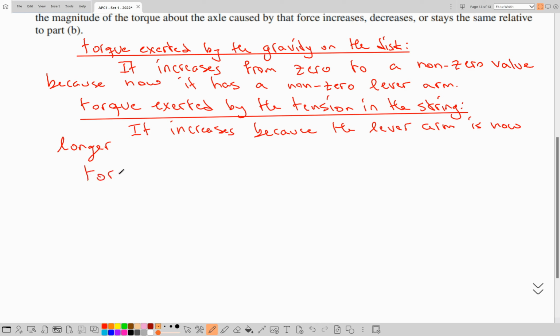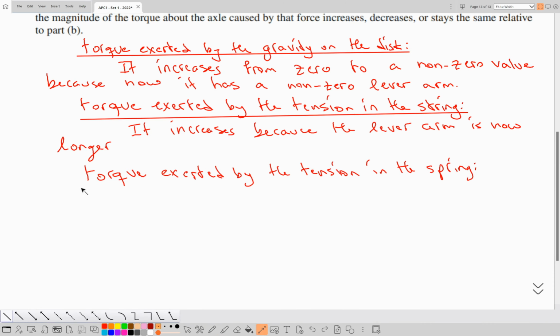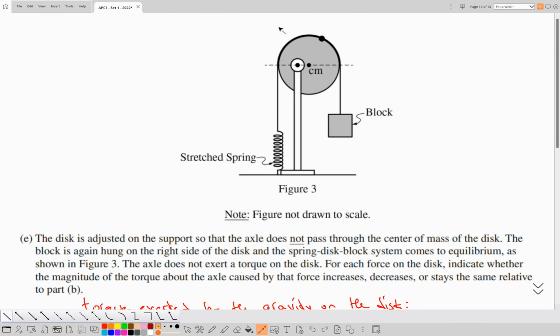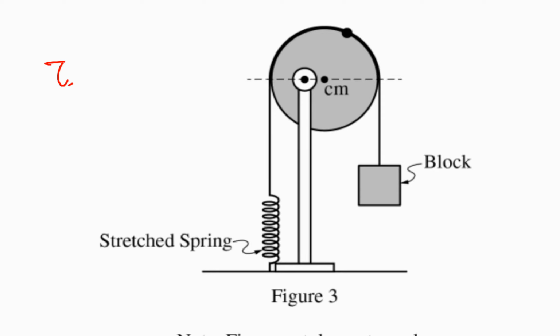And now finally we need to discuss the torque exerted by the tension in the spring. And that would be the tricky part. I will explain why. At first glance, in comparison with what we have discussed in the first two torques, you would directly say that the torque exerted by the spring is F_s multiplied by the lever arm.